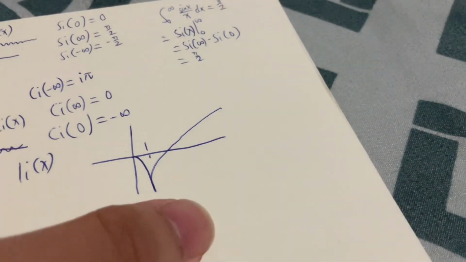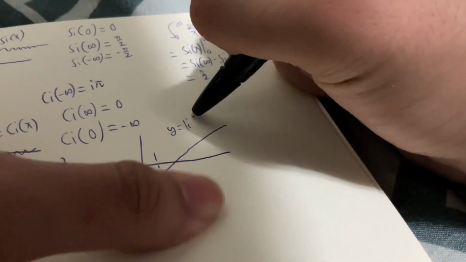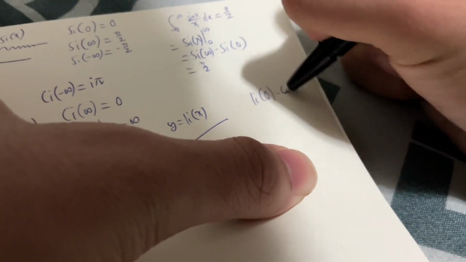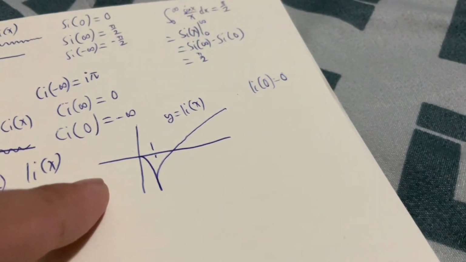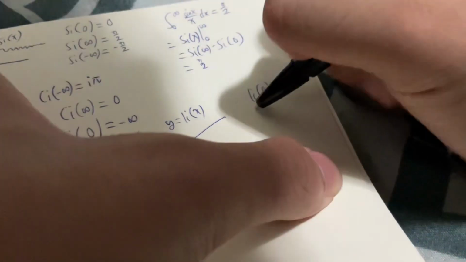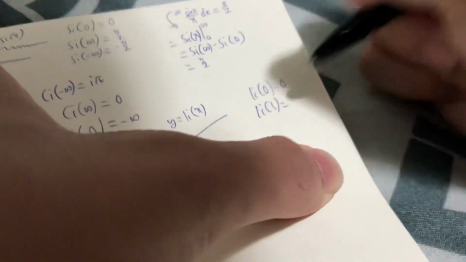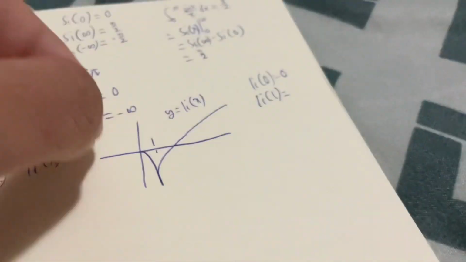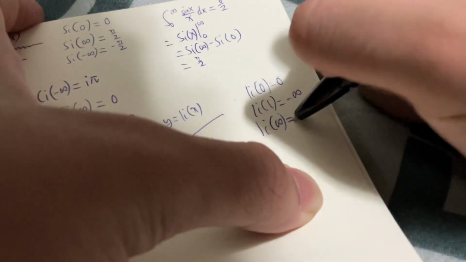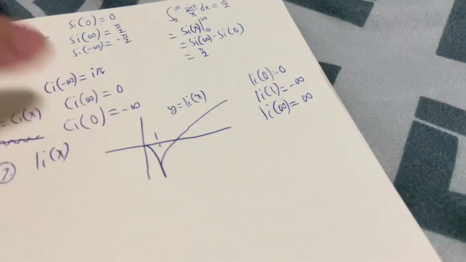So we can call the graph y is equal to Li of x, and Li of 0 is exactly 0, and Li cannot be a negative number as well. And then Li of 1, this is really special. Li of 1 is approaching negative infinity, and then Li of infinity, you just get infinity.